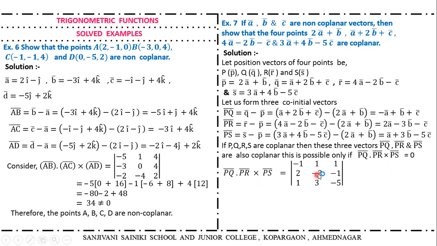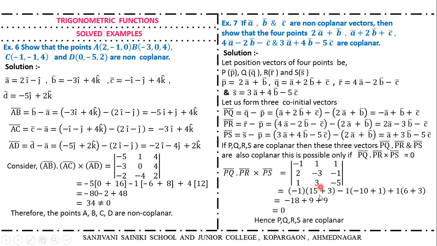So let us find the scalar triple product of these 3 vectors. Simplify it, it comes out to be 0. So the scalar triple product of PQ bar, PR bar, PS bar is 0. That means they are coplanar, and the point P is common to them. So all 4 points P, Q, R, S are coplanar.